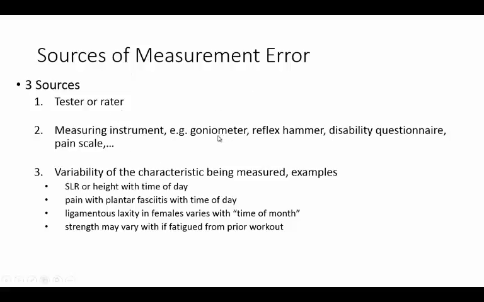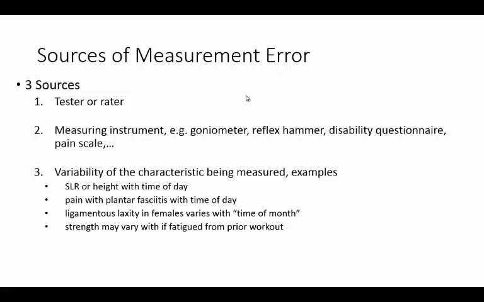Whether the instrument is a goniometer with a loose center, maybe, whether it is an isokinetic machine, a reflex hammer, even the disability questionnaire or some self-report instrument could have some errors as well. So the instrument itself could create an error. Again, the instrument itself could create a random error or a systematic error.